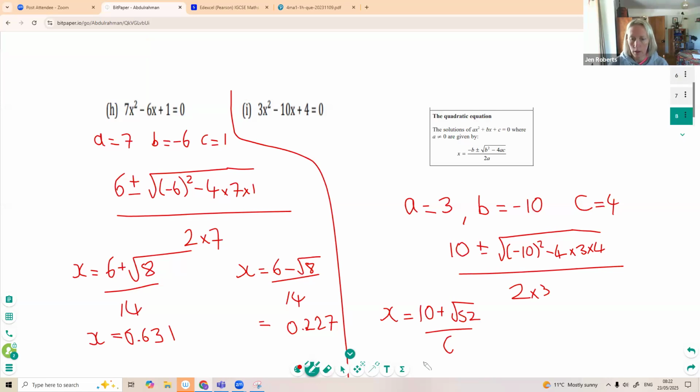The other one would be 10 minus root 52 all over 6. It's 0.87 for that one, and 0.46 for this one, or 0.465 you might have.